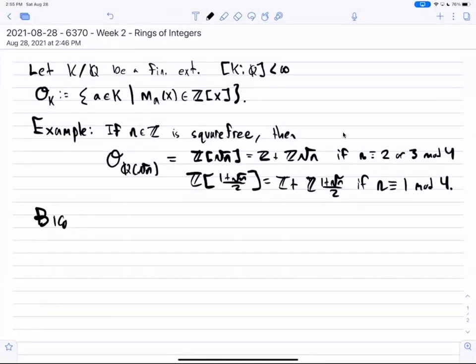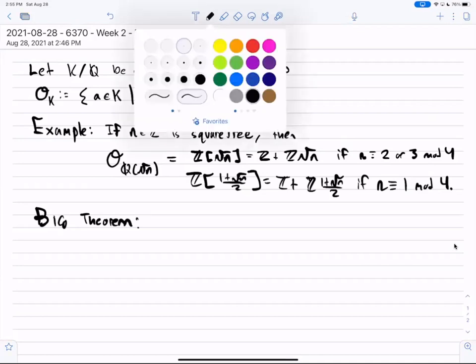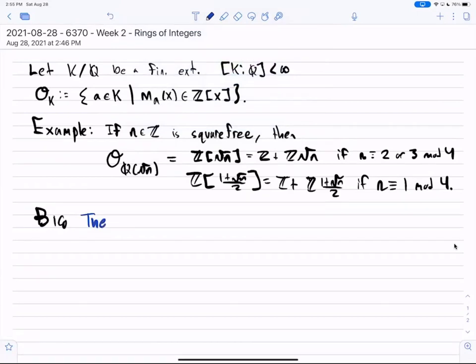So the big theorem of the week: if K over Q is a finite extension, then the first thing is that if I take the ring of integers and multiply them by Q, then I get everything.